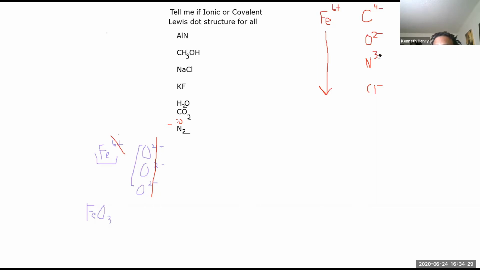For group 2, it's Andy, David, Guadalupe, Leslie, and Rachel. David, go ahead. So for Fe 6+, we want to equal it to 0 with nitrogen. Hold on. I can't multitask.